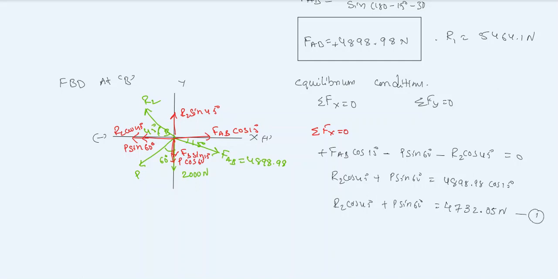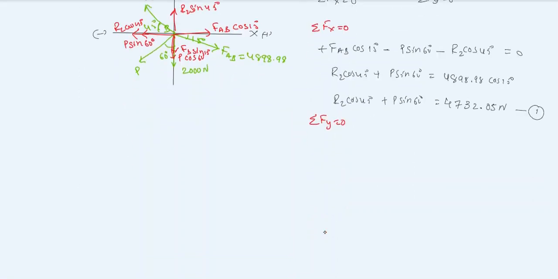Similarly, the algebraic sum of y components must be equal to 0. So just write the y component forces. Upward we have only one force, that is R2 sin 45, and downward we have three forces: minus P cos 60 minus FAB sin 15 minus 2000 is equal to 0.